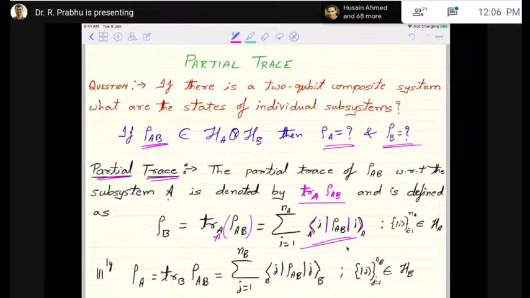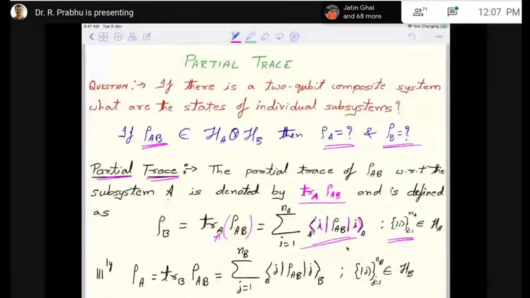You are throwing away the A particle, so therefore you have to consider the summation or the expectation value of rho AB with respect to these particular states of A, where all the i's are from the Hilbert space of the A particle.